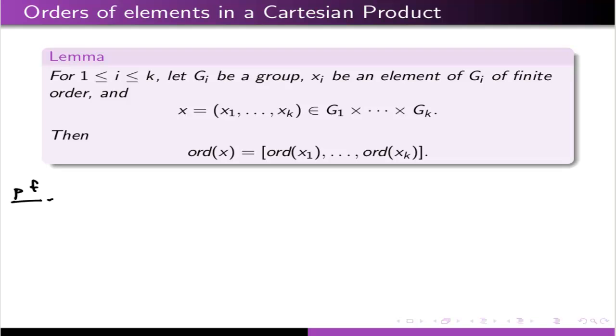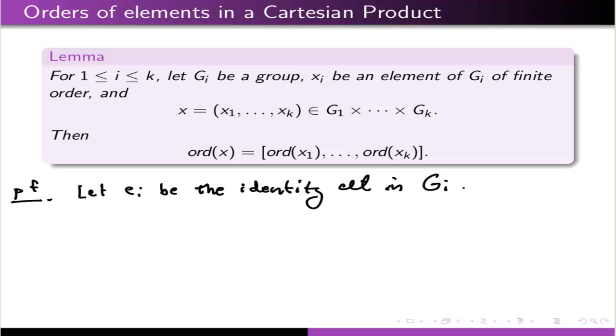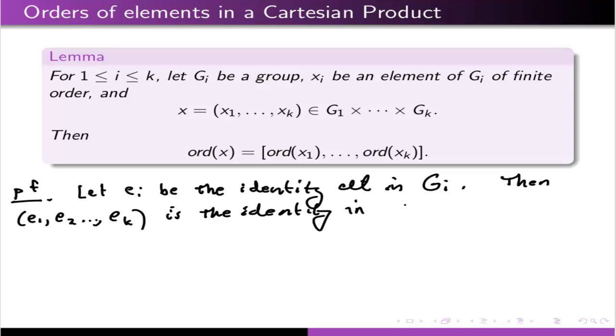The order of the k-tuple: I need to find the smallest power such that x to that power is the identity. So if I let e_i be the identity element in G_i, then (e_1, e_2 through e_k) is the identity in the Cartesian product.